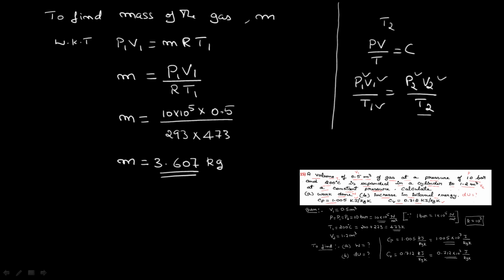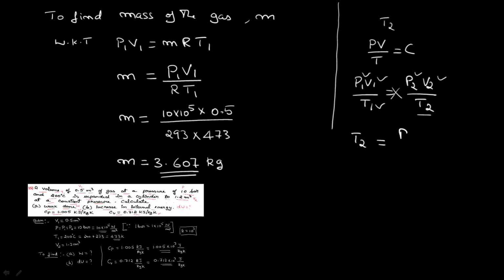Let me rearrange this equation. Just simply cross multiply. T2 equals P2 V2 divided by P1 V1, and this T1 will go upward, that is multiplied by T1.